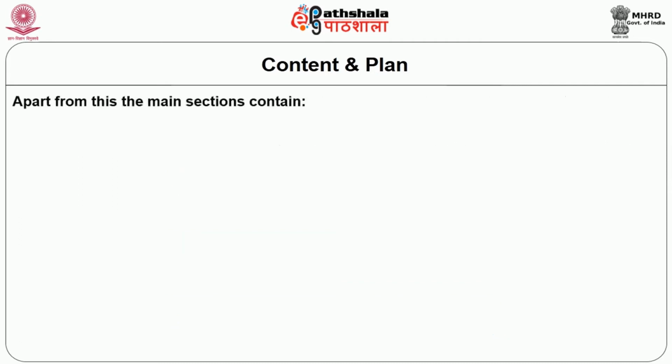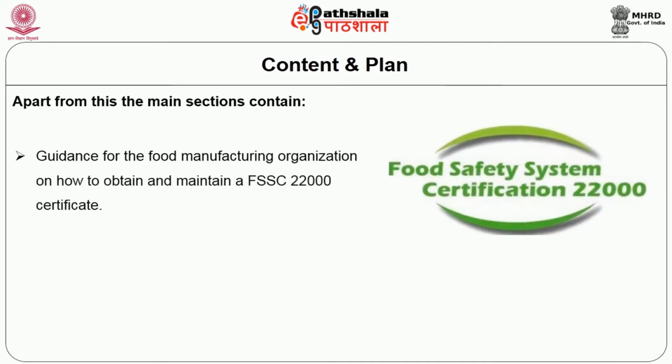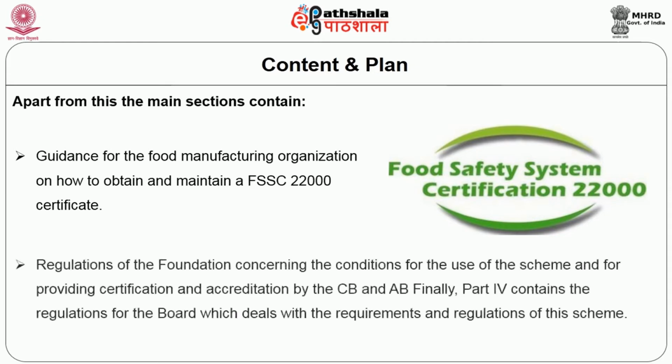As part of this, the main sections contain guidance for the food manufacturing organization on how to obtain and maintain an FSSC 22000 certificate. Regulations of the foundation concerning the conditions for the use of the scheme and for providing certification and accreditation by the CB and AB.